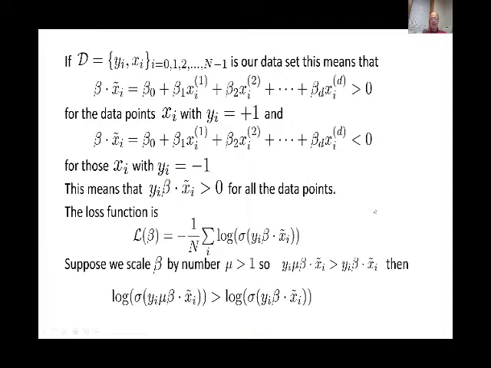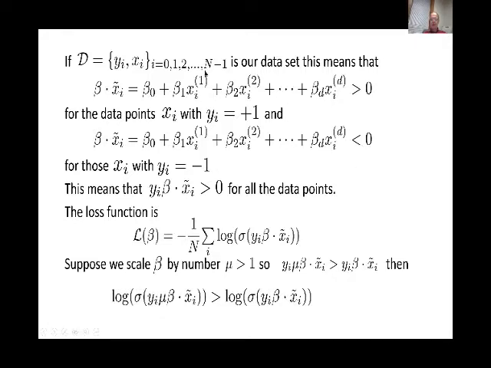In general, let's assume we have a data set that can be linearly separated. This means that for the points which have label +1, this expression here will be bigger than 0, and for those points where the label is -1, this expression will be negative.